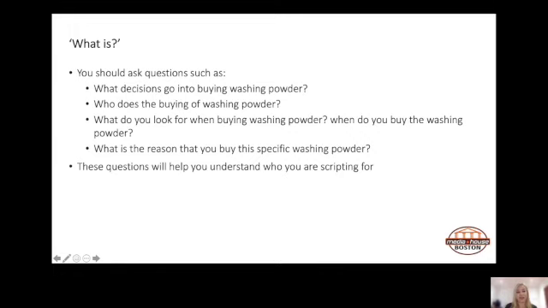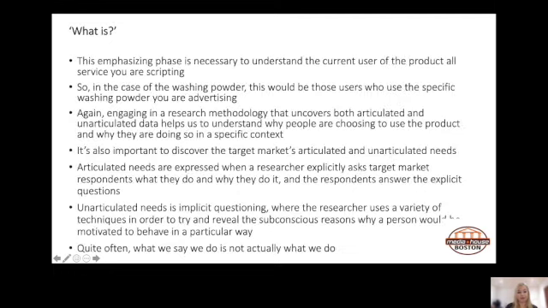You should ask questions like, what decisions go into buying washing powder? Who does the buying of washing powder? What do you look for when you're buying washing powder? When do you buy your washing powder? And what is the reason that you buy this specific washing powder? These questions will help you understand who you are scripting for.